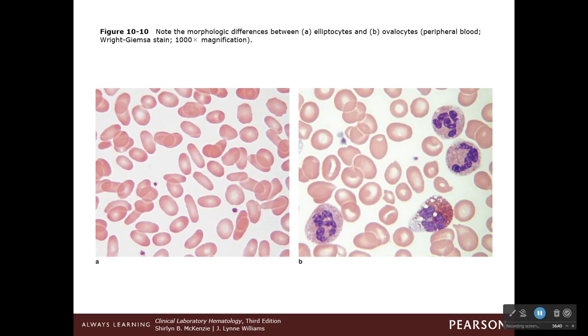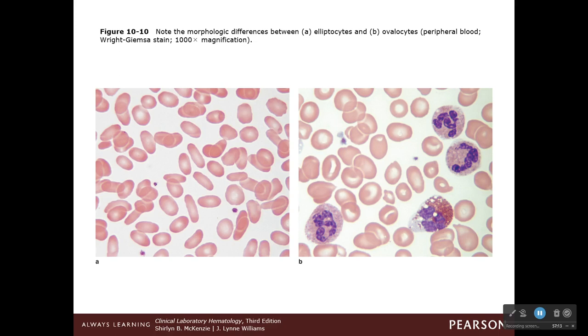But when you get into the hospital, when you're doing your clinicals, and you're doing a diff or a morphology, techs are going to call elliptocytes and ovalocytes interchangeably. Okay? But in theory, and you need to know this for your boards, they're not the same. It's two different cells. Does that make sense? Okay? So elliptocytes have two parallel sides, look like a pencil or a cigar, and ovalocytes look like eggs.